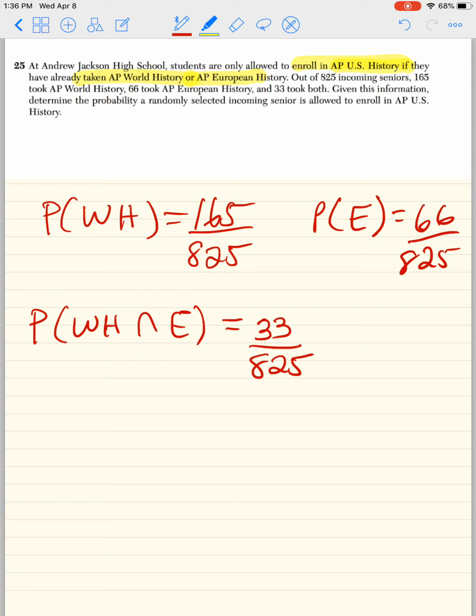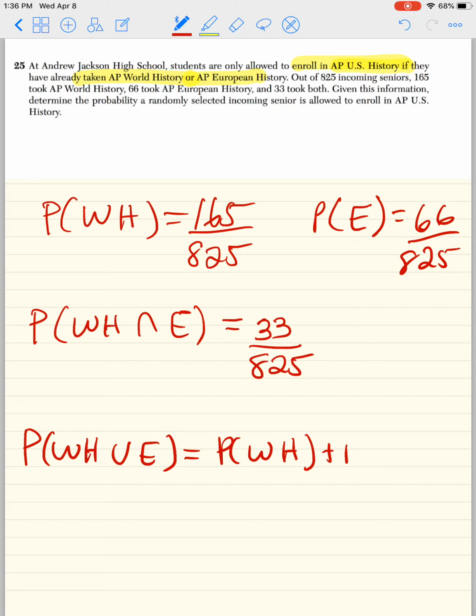So this word or reminds me of this formula. Plus, remember that it's going to be minus their intersection. Okay, so they are going to take AP US History if they took the world history or the European history.